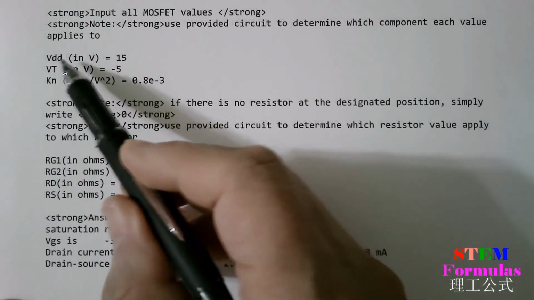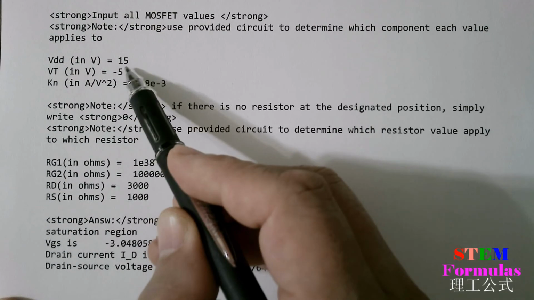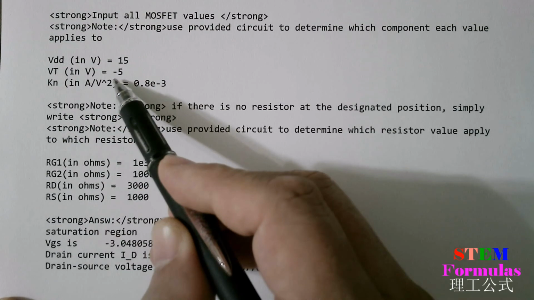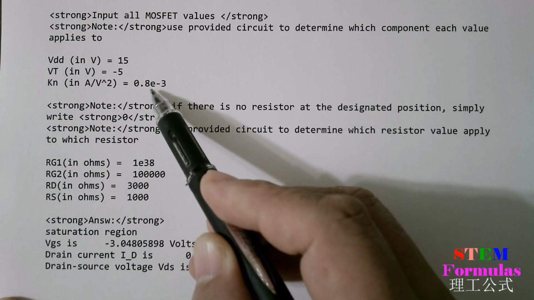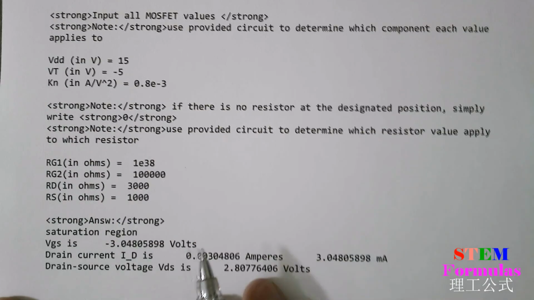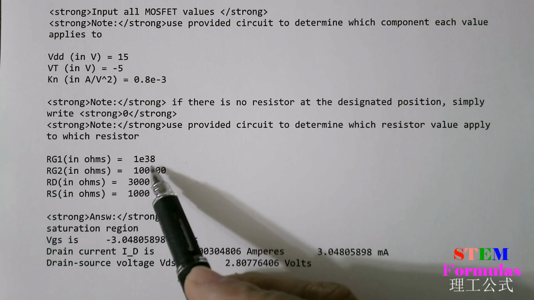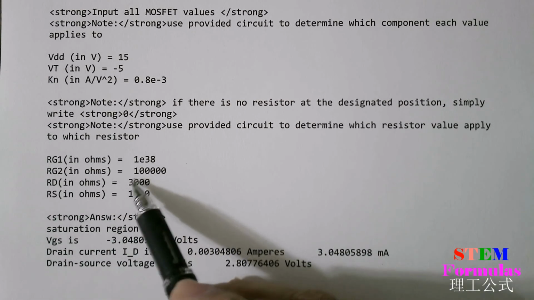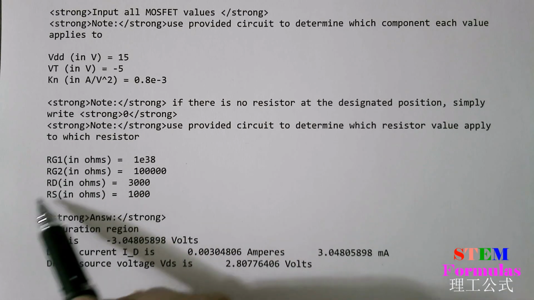Input the parameters we have before. So VDD equals 15 volts, VT equals minus 5, Kn equals 0.8 times 10 to the minus 3. RG1 equals 1 times 10 to the 38. RG2 equal to 100,000.